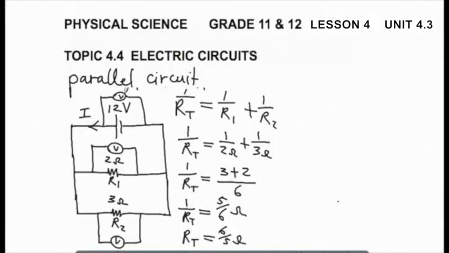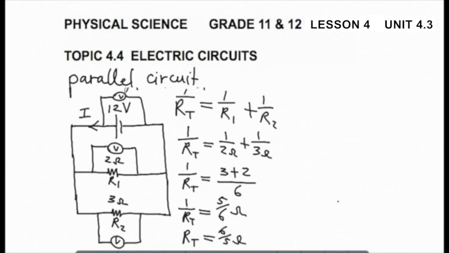We have come to the end of the lesson, but before we conclude fully, I quickly want us to look at the summary of the whole lesson. We looked at the parallel circuit, whereby we were provided with the general equation on how to calculate the total resistance in a parallel circuit.